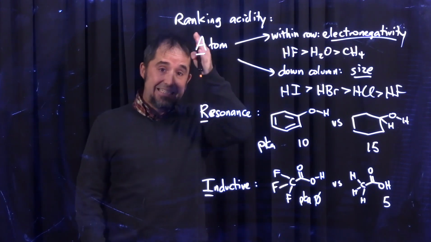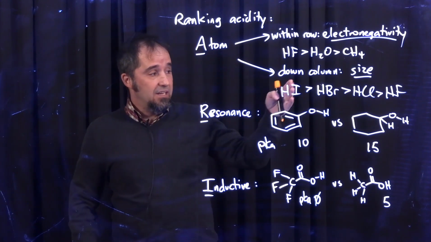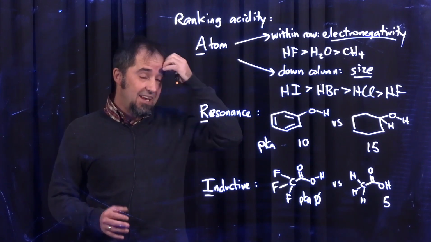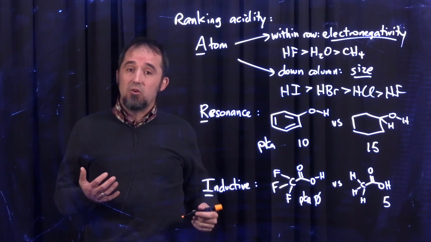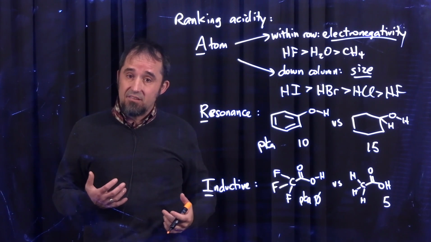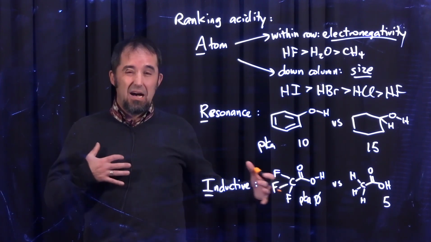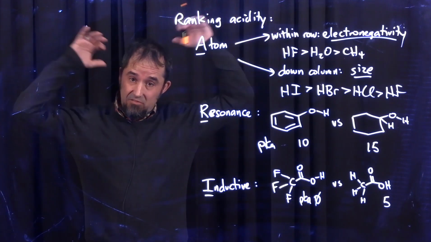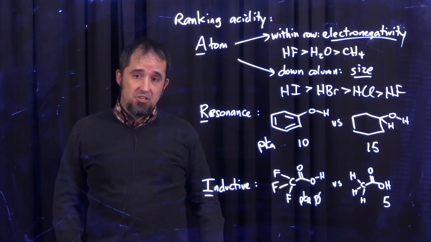If we're looking down a column, so iodine versus bromine versus chlorine, all those halides, here we're looking at size. The bigger atom is going to give the stronger acid because that bond is weaker, because that big atom can stabilize that negative charge in the conjugate base.